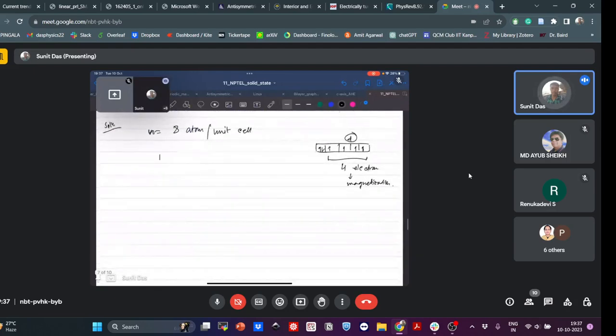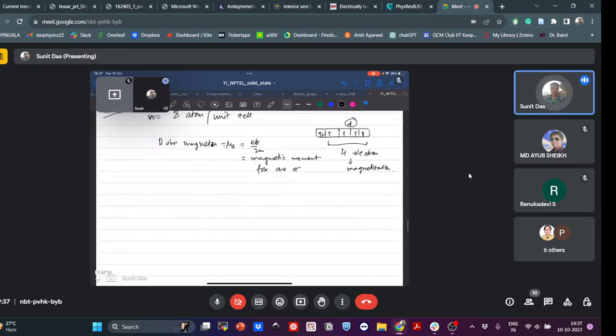So Bohr magneton, mu b, is e h bar by 2m, which is the magnetic moment for one electron, right?